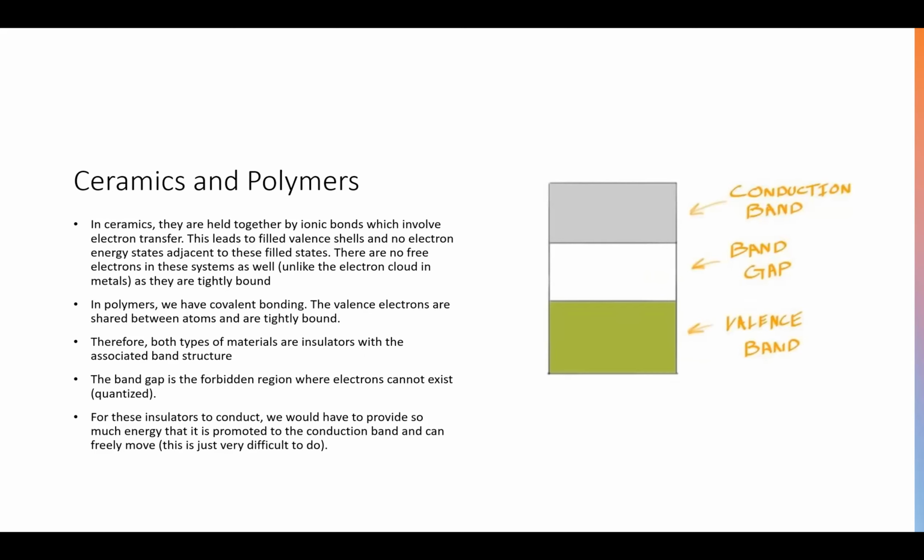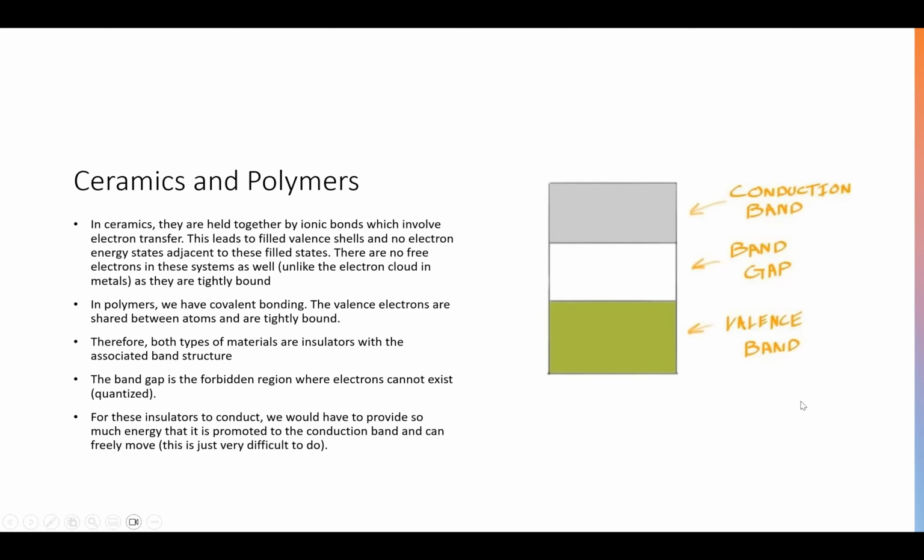The band gap is the forbidden region where electrons cannot exist, because they're quantized. This band gap would be like half or quarter states, where you would have n equals 1.5 or 1.25, something like that, which doesn't exist because they have to be integer values. For these insulators to conduct, we would have to provide so much energy that it promotes an electron over this band gap into the conduction band, and thus they can freely move.